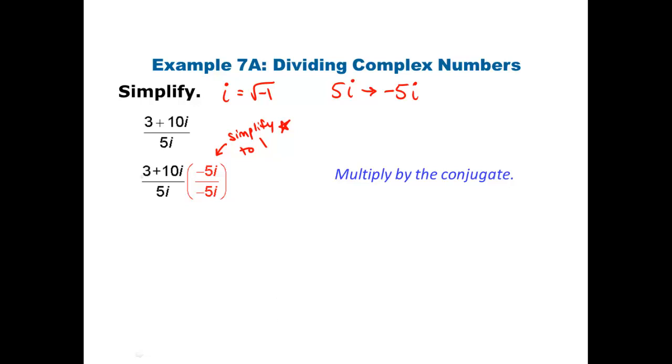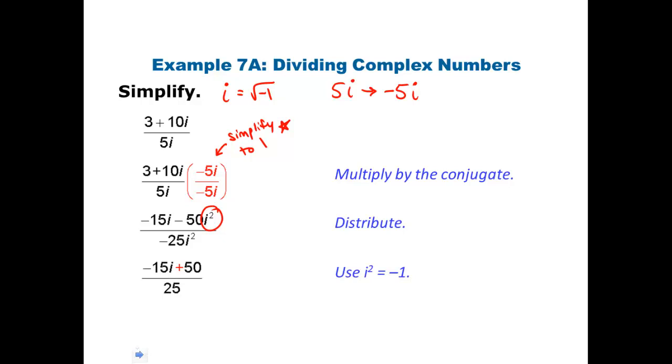Okay, so now what we're going to do is distribute this -5i to the top and the bottom. Then remember our i squared here is -1. So -50 times -1 changes that to positive. And the next thing that we can do is to write this in our complex form, simplify it, and we get 2 minus 3/5 i.